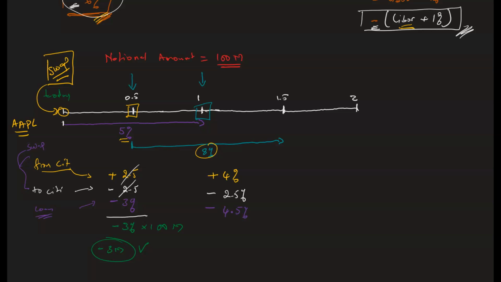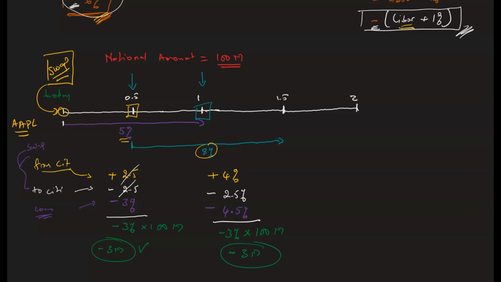And so what do we have? The net here is going to be equal to 4.5% minus 2.5%, that's 7%, plus 3%, so we are at a minus 3% again, multiplied by 100 million, and we realize that we are paying 3 million again.